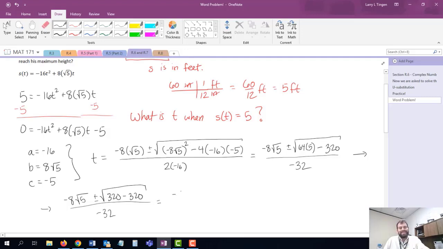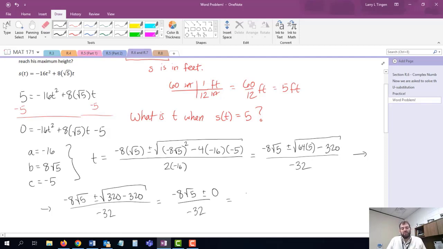Well, in this case, there's nothing over there. 320 minus 320 is 0. Square root of 0 is 0. So all I have is negative 8 times the square root of 5 over negative 32 plus or minus 0. Add 0, subtract 0, nothing changes. So instead of having two answers, I only have one.